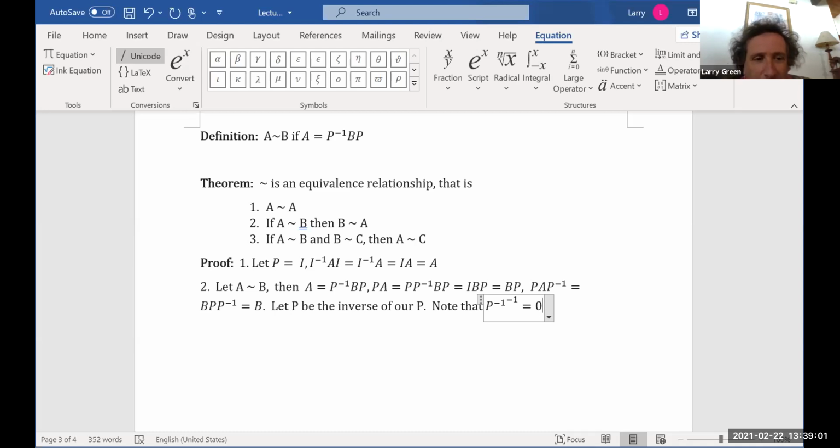So now we can say that B is equal to P inverse times A times P inverse.